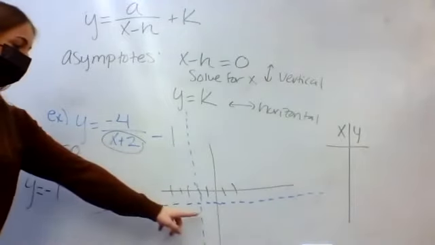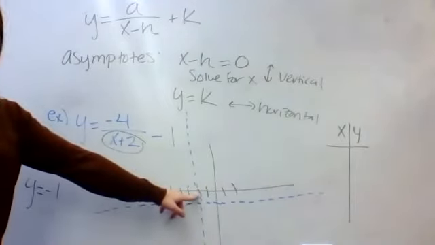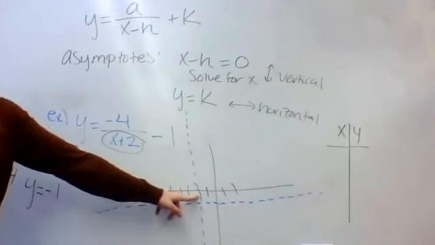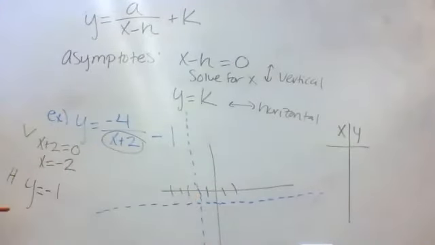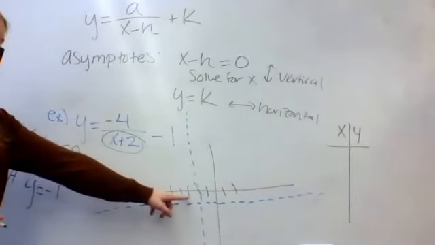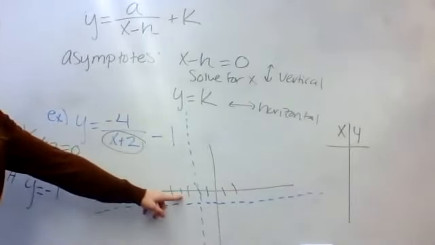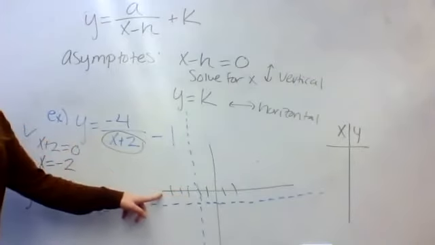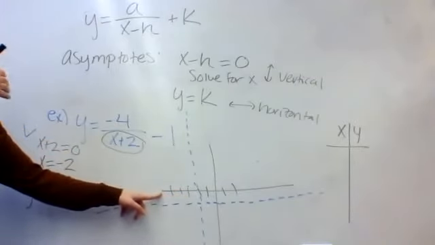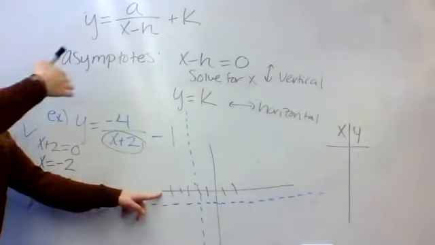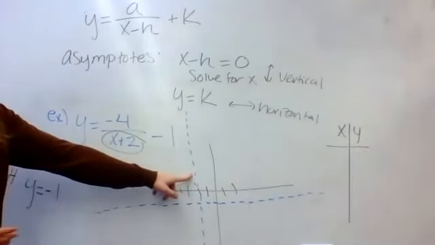So if my vertical asymptote is at -2, what kind of x values might I put into the left of it? Yeah, we could do -3, -4, -5, right? Any 3 points to the left and to the right of my vertical asymptote.